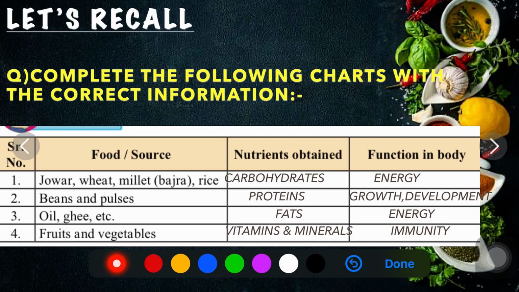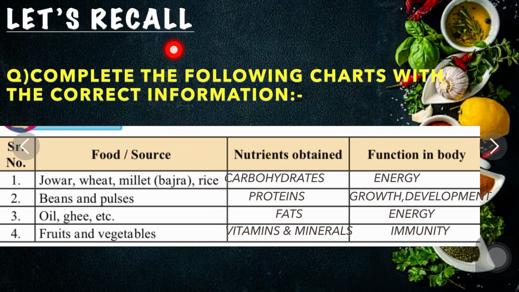So students, let's recall. On page number 34 of your textbook, at the top of the page, you will see one column is given. So complete the following chart with the correct information. That chart consists of our food sources, the nutrient obtained from them, and the function of that specific food source in the body.